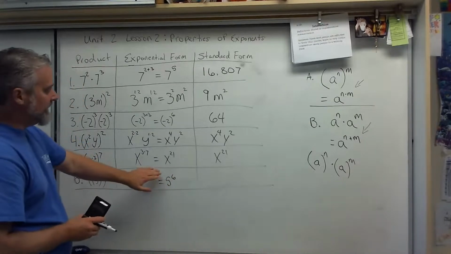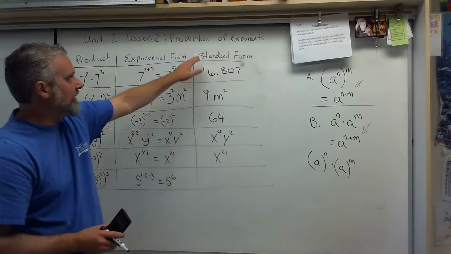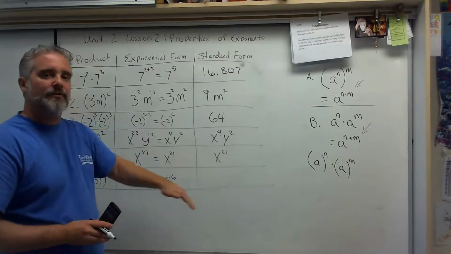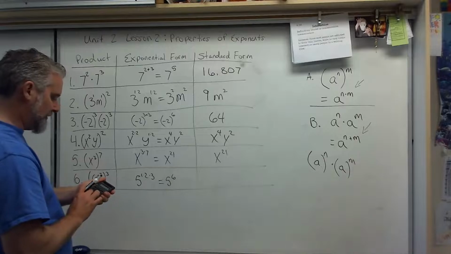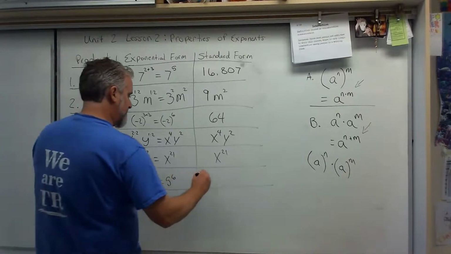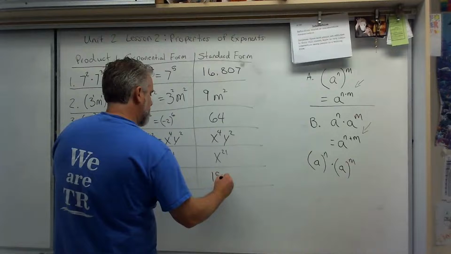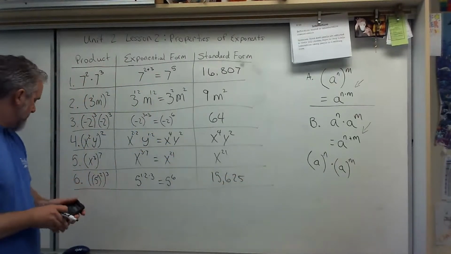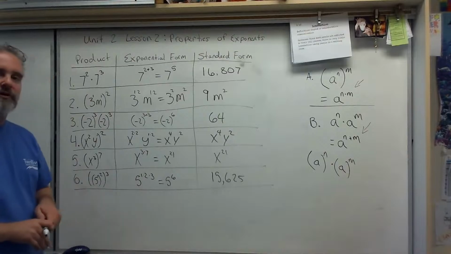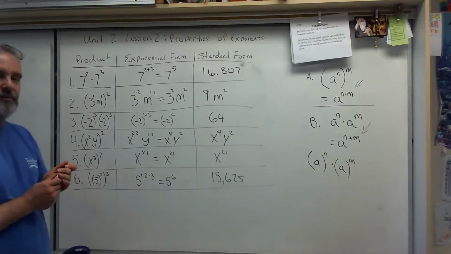And so now we have a number raised to an exponent. So I have something to work out and write in my standard form. So 5 to the 6th power gives me 15,625. So that is your Unit 2, Lesson 2, work with exponents and their properties.